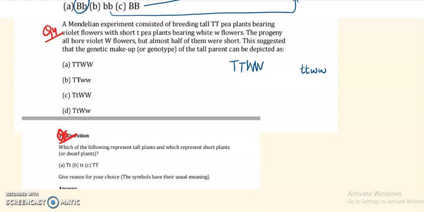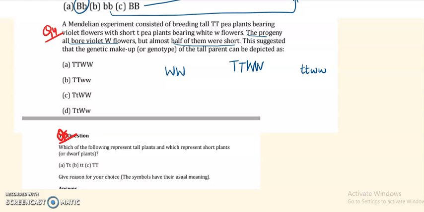In the question, it is given that the progeny all bore violet flowers, that means violet is a dominant allele and it must be there in homozygous dominant condition, but almost half of them were short. Half of them were short means the genotype would have been heterozygous.